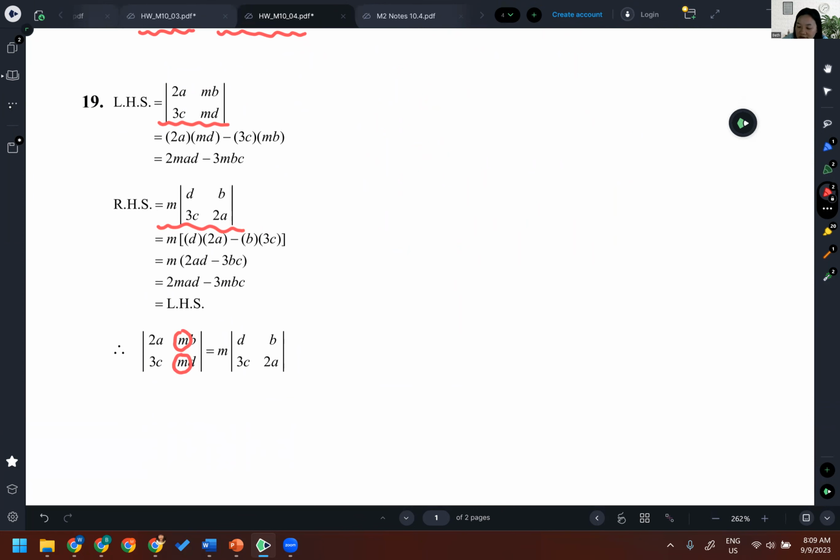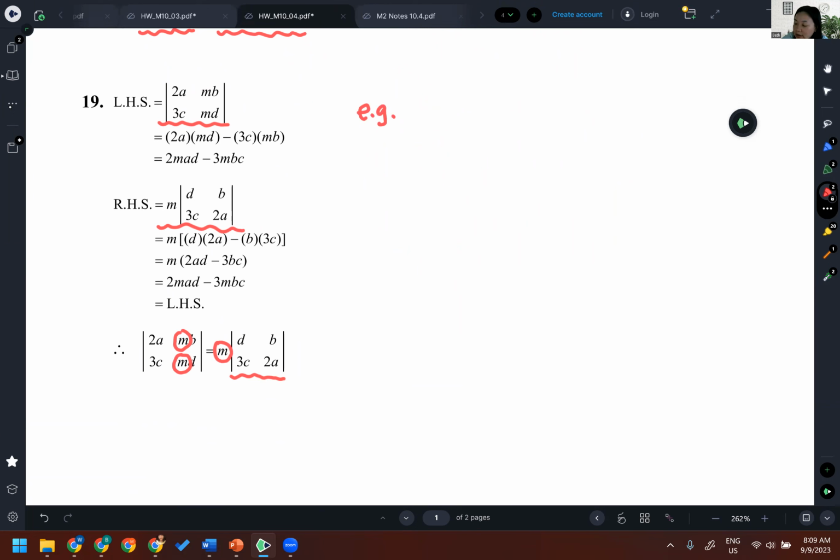And then afterwards, the factor is taken out, and this is another determinant. What does this mean? This means if you see a factor in a column, and later on you will see that if you see a factor in a row, you can take it out so that you can reduce the elements inside the determinants.